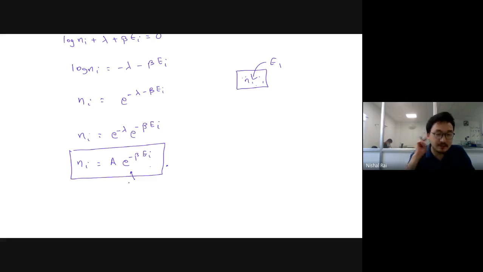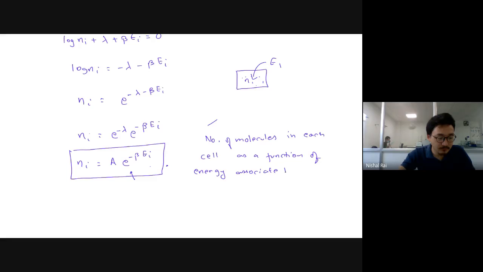So basically, this equation gives the number of molecules in each cell as a function of the energy associated with each particle in that cell.